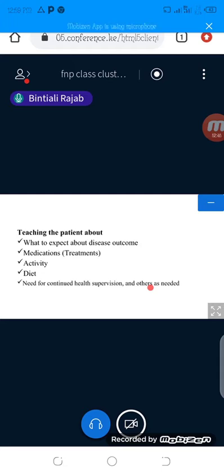Violet is asking if discharge means to discharge to go home or another hospital. You can discharge to go home, you can discharge to go to another facility, but if you are going to another facility, it is to refer. But even as you are referring a patient, you still discharge from this hospital and you refer to another hospital.